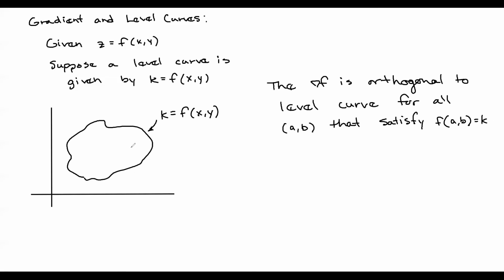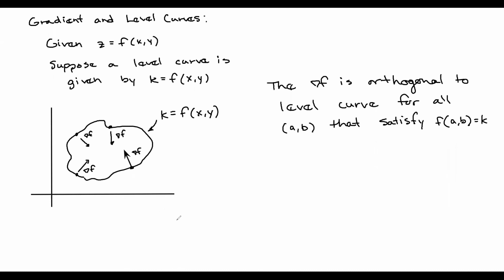So that's another way of saying, if you just pick some point that's here on the level curve, orthogonal to the level curve, so a 90-degree angle, we could draw a vector. That vector is going to be the gradient. The arrow's really big. I'm not going to do that for every single one, but you get the idea. So orthogonal to the level curve is going to be the gradient of f.